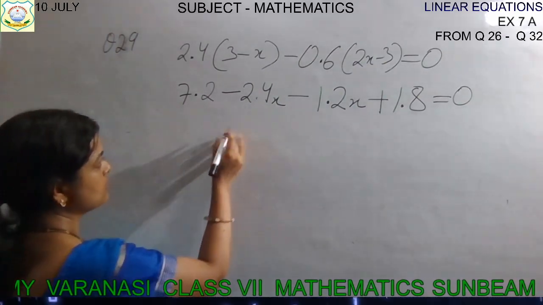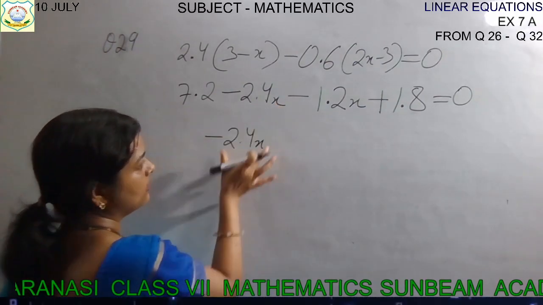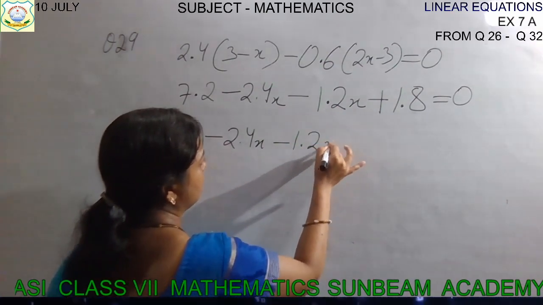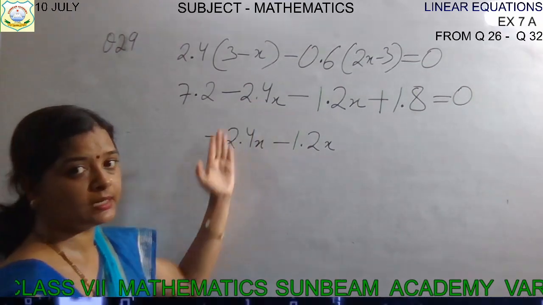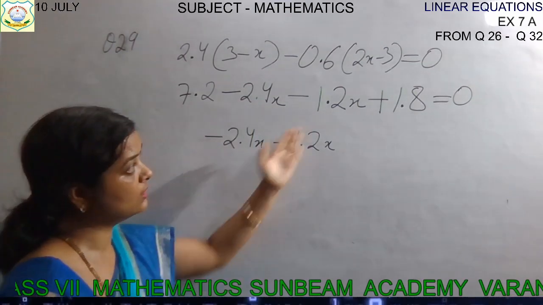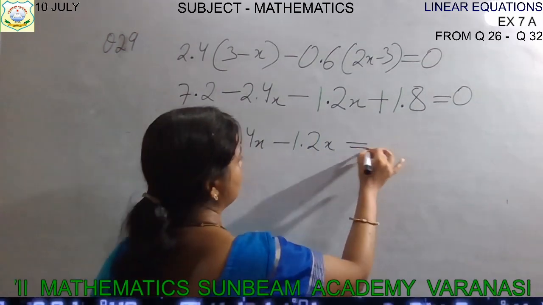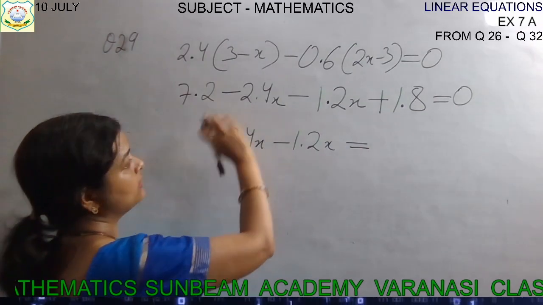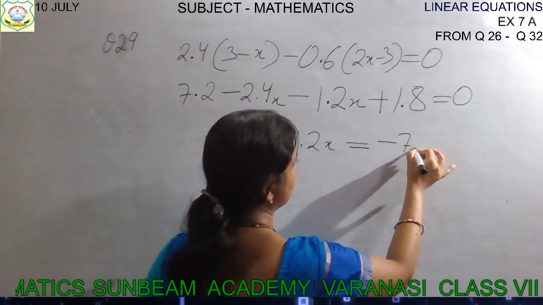So it is how much, children? Minus 2.4x. Keep it here only, and minus 1.2x. Okay, I am segregating the variable terms. The variable term is negative, so keep the negative sign with it. It is also negative, so it will also be written as negative. Now 7.2 when transposed to the other side will become minus 7.2, children.